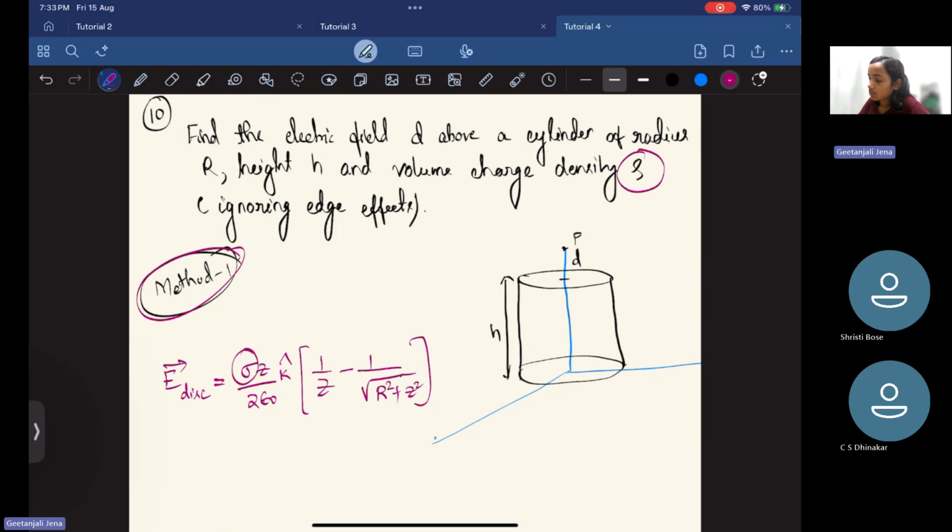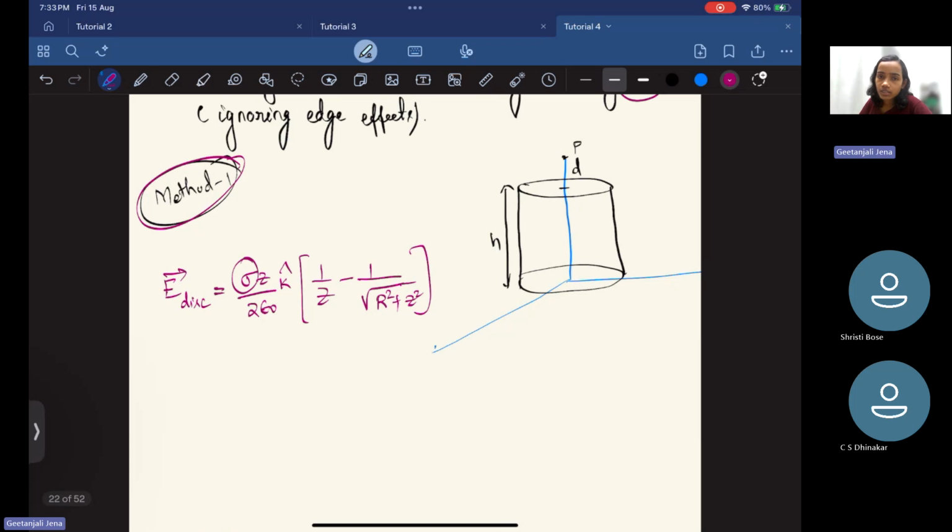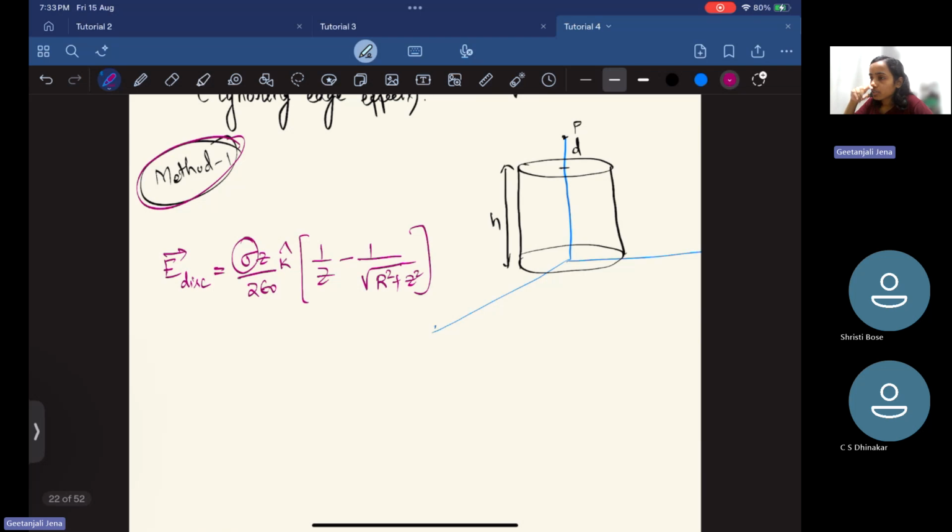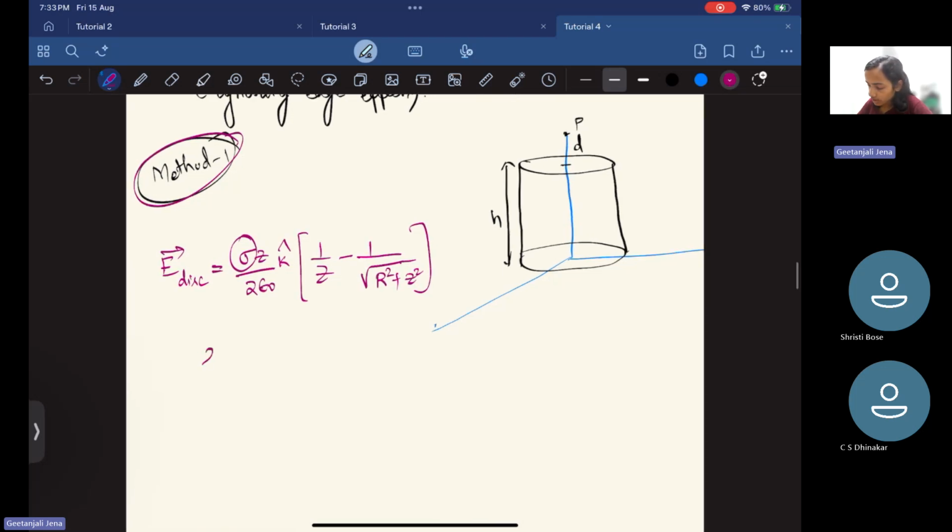We have rho for the cylinder. So you have to relate sigma with rho. For any small charge element, the charge will be the same. The dq for the sigma case and dq for the rho case will be the same. So you can take rho dV for the cylinder equal to sigma dA. We are considering the same charge element for the cylinder as well as the disk.